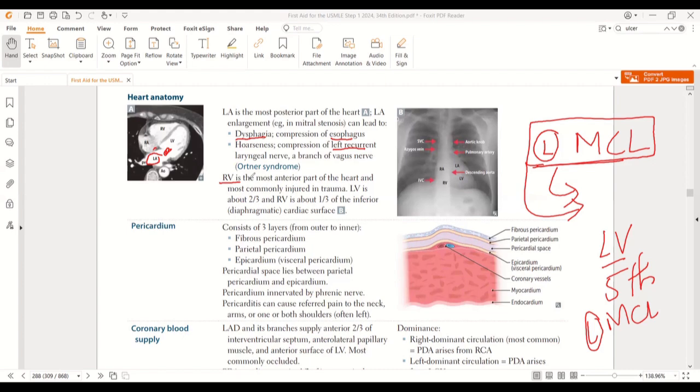Why? Because the most common region of atrial fibrillation is the pulmonary vein, and the pulmonary vein drains into the left atrium. Does it make sense to you? Yes. This is a high yield concept that is repeated throughout your Step 1 journey, right?